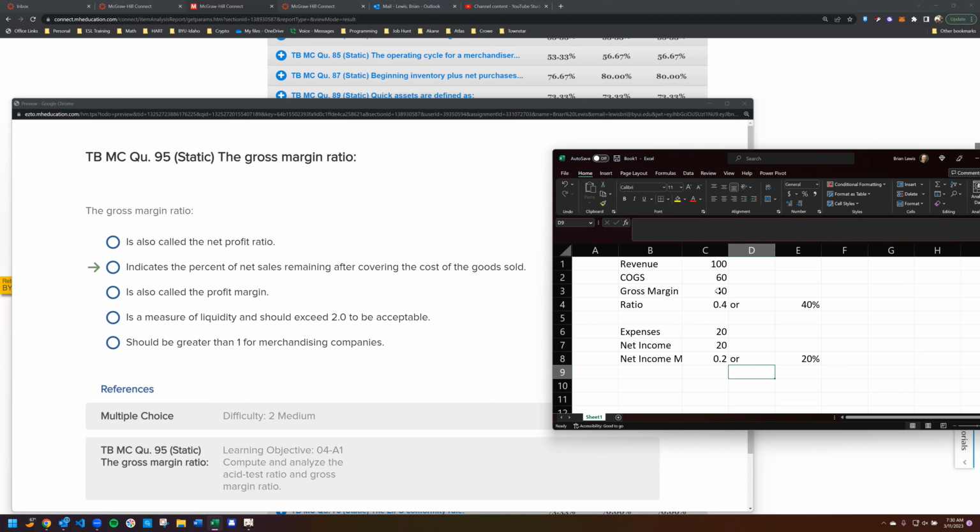Your margin could be 99%. It could be 100%, but it's not going to be greater than 1. It's always going to be less than 1. So in this case, all of these options are no, except for the second option.